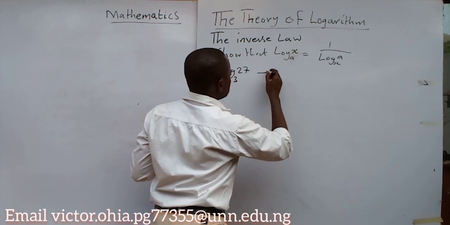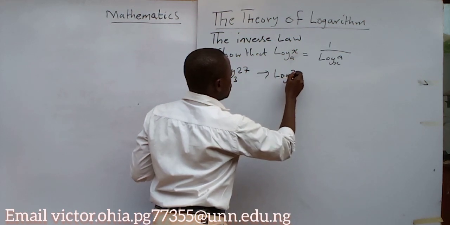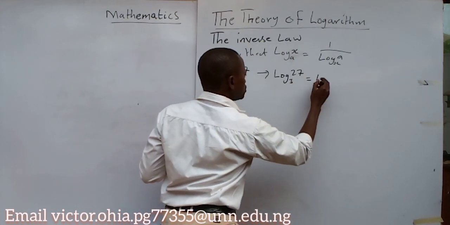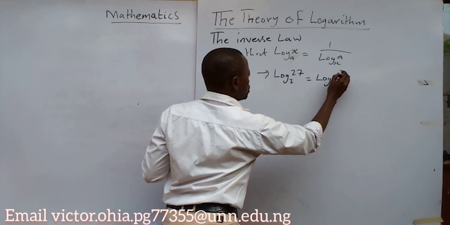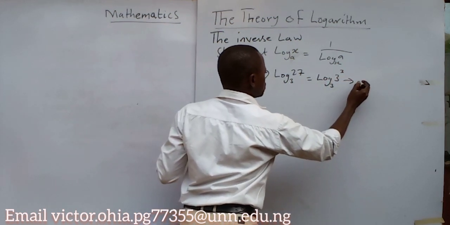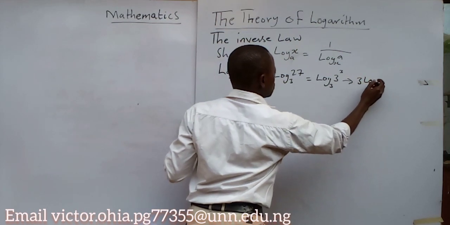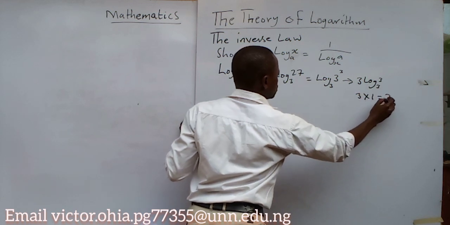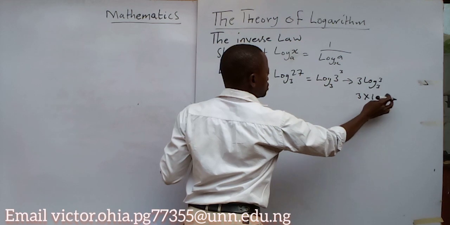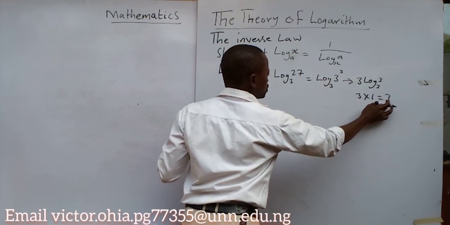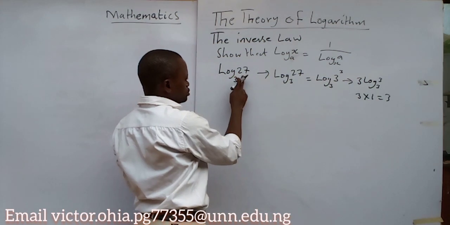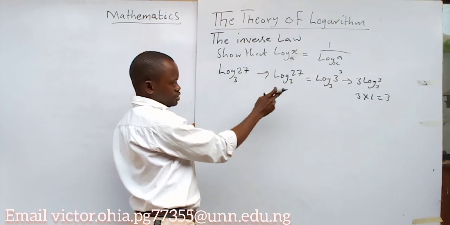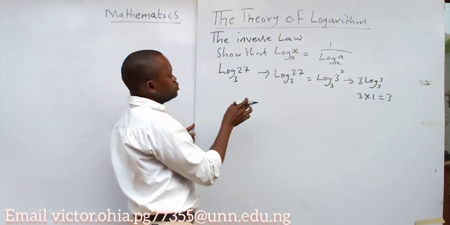Log 27 in base 3 will be the same thing as, 27 is 3 raised to power 3, in base 3, and that will give us 3 log 3 in base 3. The answer is 3 times 1, which is 3, because logarithm of a number to its base is 1. So 3 times 1 will give us 3. So it then means that log 27 in base 3 is 3.